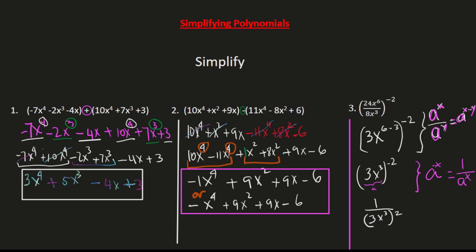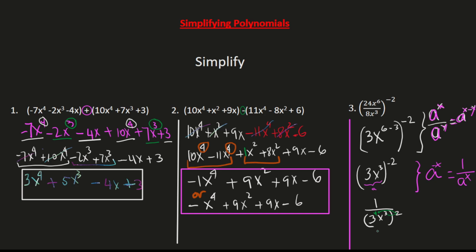And now I get 2 terms inside of the parentheses. So each one has its own 2. Remember, there is a 1 here. There is a 1 here. So don't think that you're going to say 2 times 3 is 6. No, no, no, no. So you multiply the exponent. So this is 2 times 1, and 2 times 3 here.